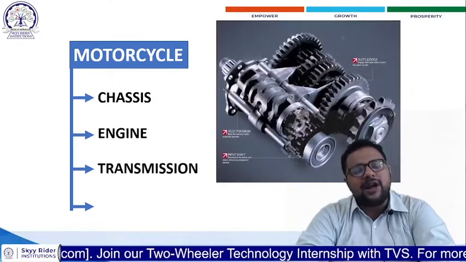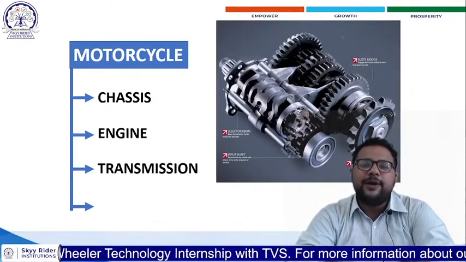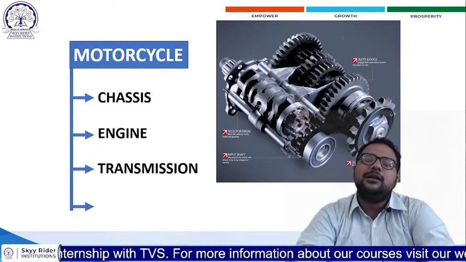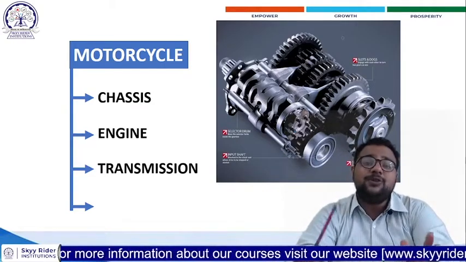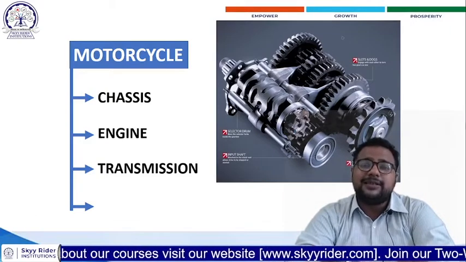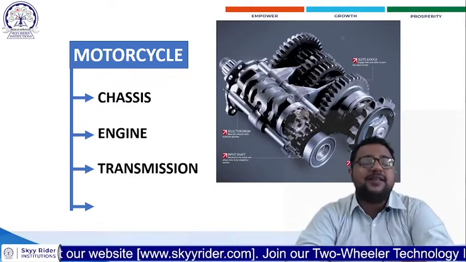Third is transmission. The transmission is a very important unit because it transfers the power from the engine to the wheel. And this power should be transferred in a very effective manner. So the transmission system transfers the power with maximum efficiency.